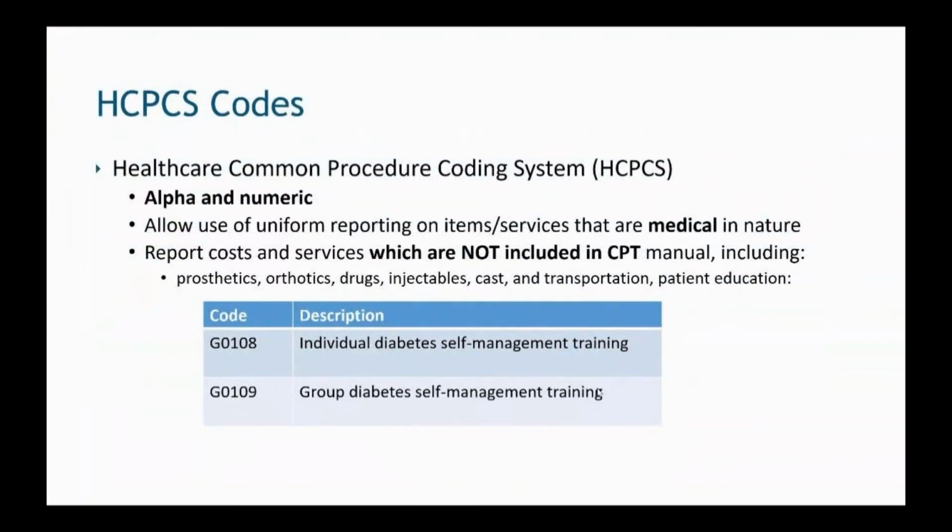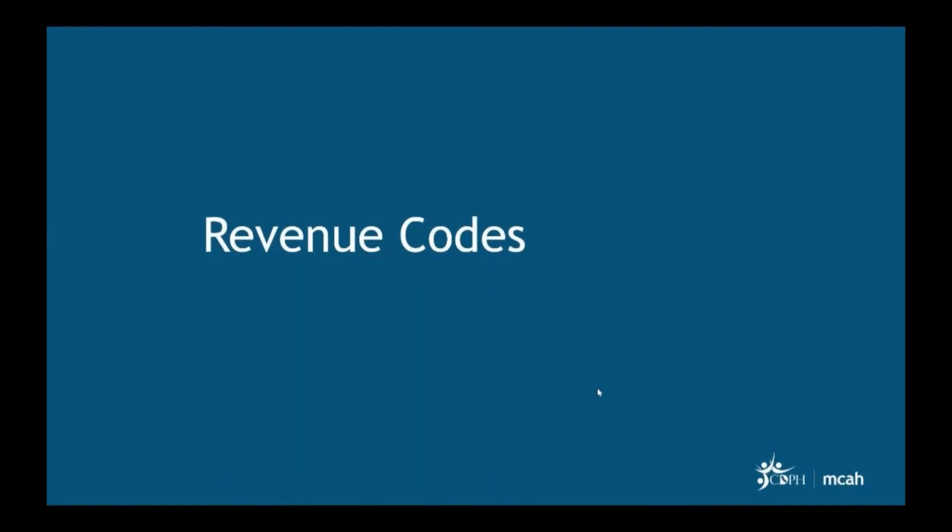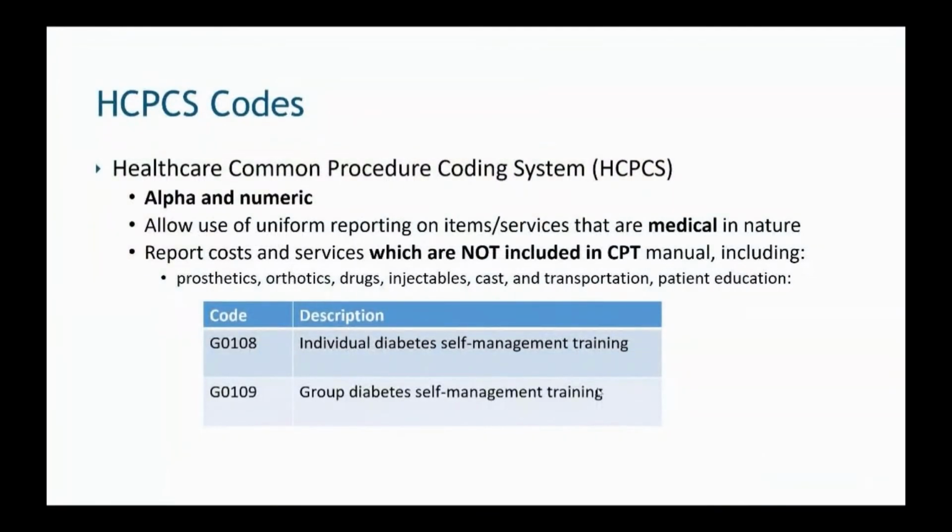Okay, what about HCPCS codes? Whoops, sorry about that. Okay, HCPCS stands for Healthcare Common Procedure Coding System, and these are alphanumeric. Again, they start with a letter, and then they're followed by numbers. They allow the use of uniform reporting on items and services that are medical in nature, and these are not included in the CPT manual.